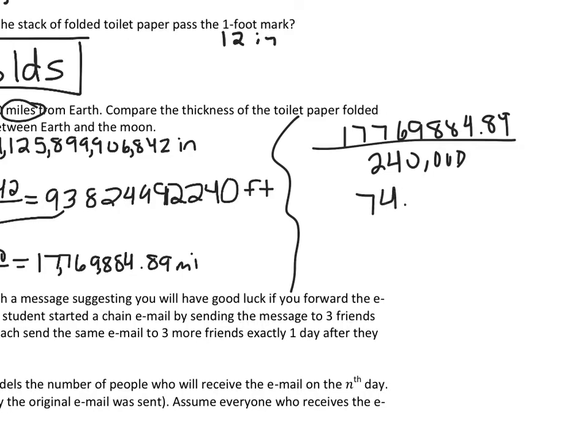74.04 and so on. Okay, so that means the thickness of the toilet paper is about 74 times as big as the distance from the Earth to the moon. That's crazy to think about. Let's go ahead and type that up because I wanted us to compare.